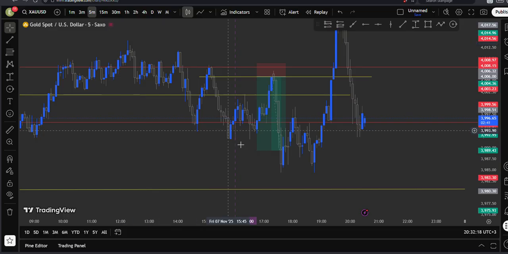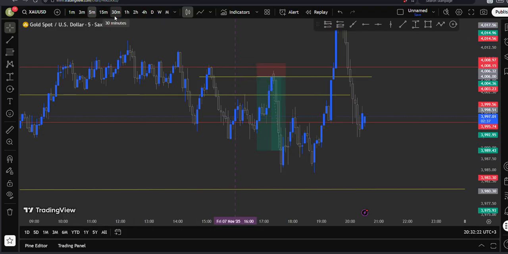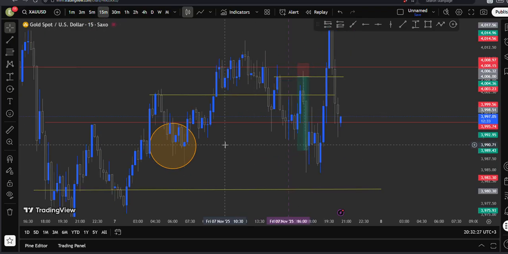And for targeting, I just targeted this level here. I didn't target a lot because I knew the market would just go down. You see this level? This was my target here. Let me first clear off the chart.